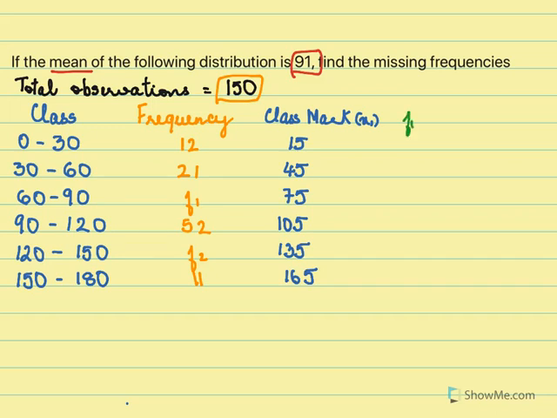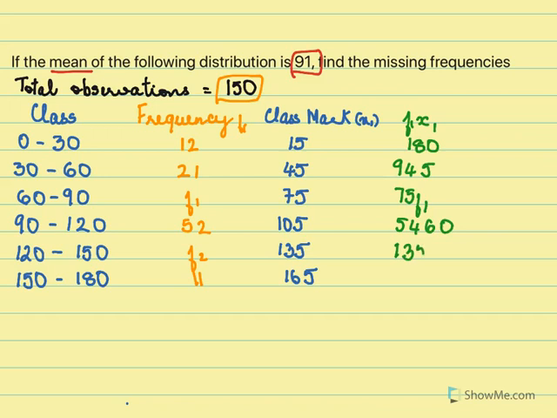The next column is FiXi. So we multiply the Fi into the Xi. 12 into 15 is 180. Next, 21 into 45, 945. F1 into 75 is 75 F1. Then we have 105 into 52, and that is 5460.